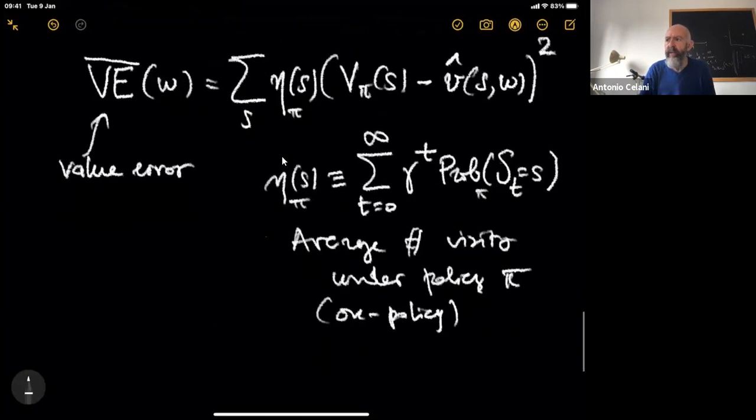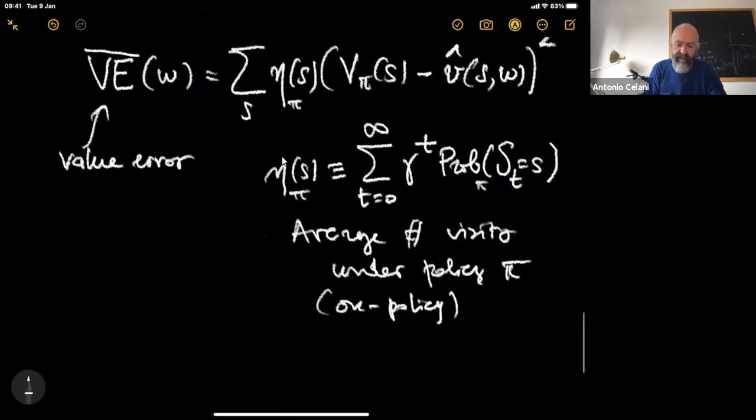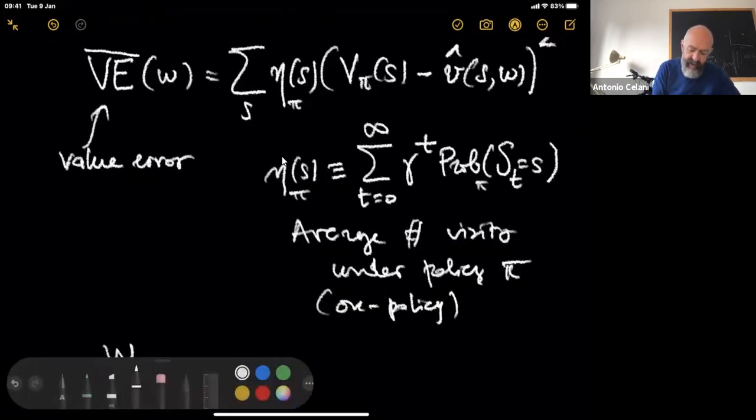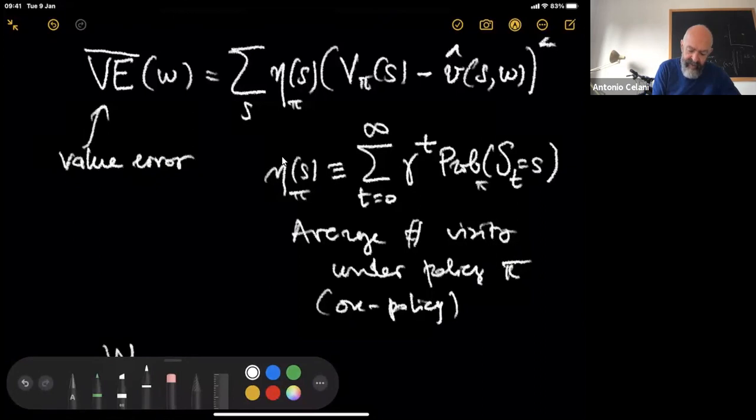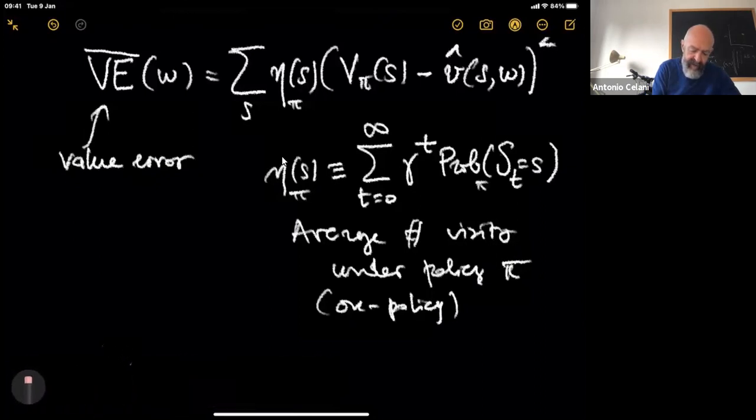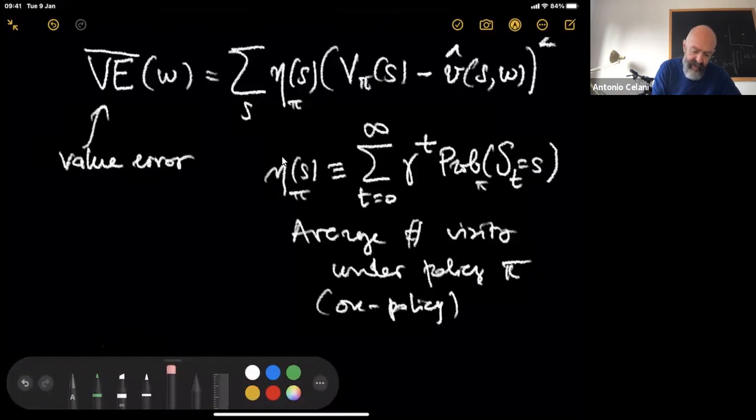So we're going to do something quite intuitive, and that is we want to do some gradient descent in the space of these parameters. And if we take the gradient of the value error, how does it look?